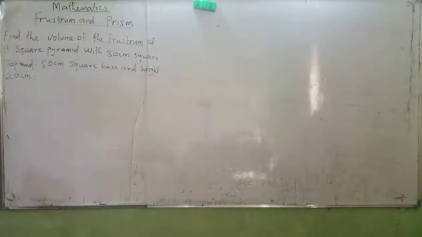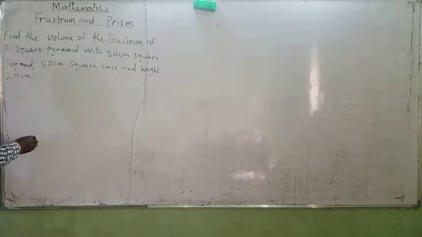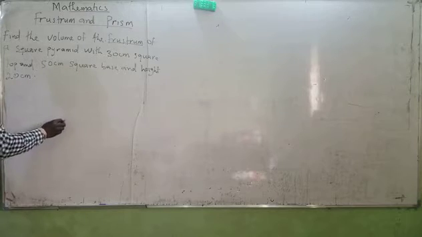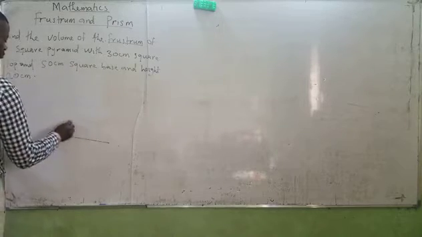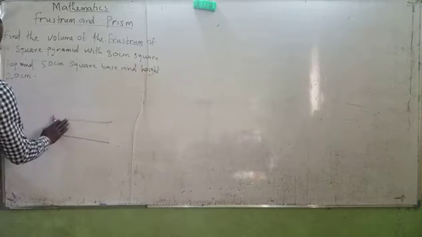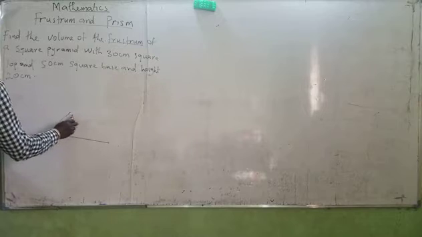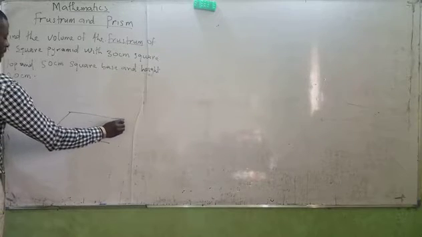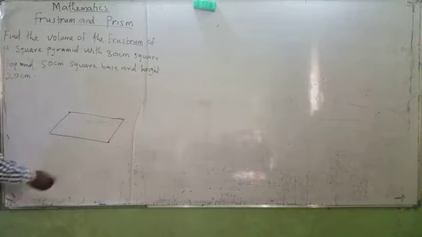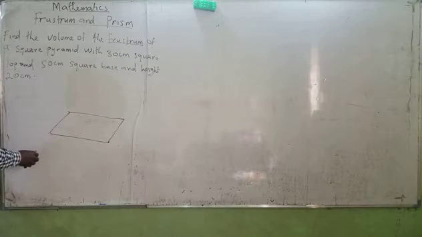Since you know that it is a pyramid, it means it will come this way. Please, it's a square. It must be equal.